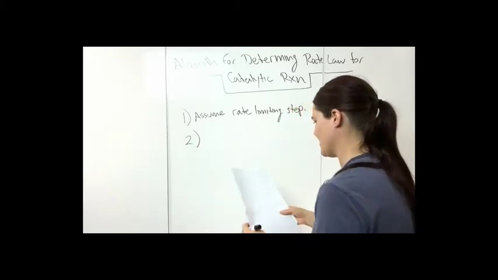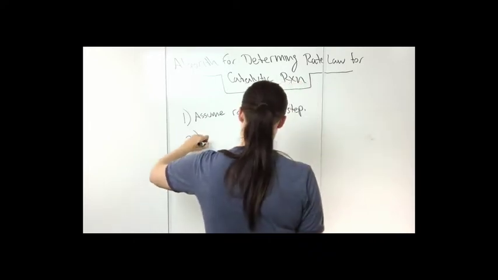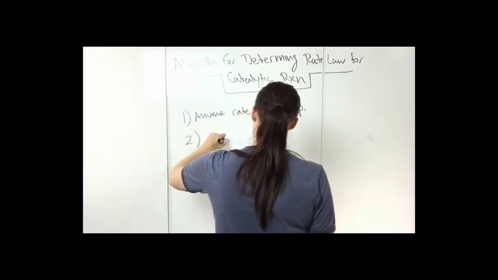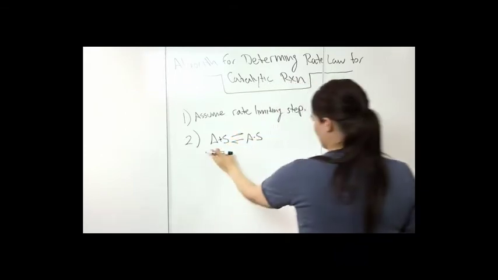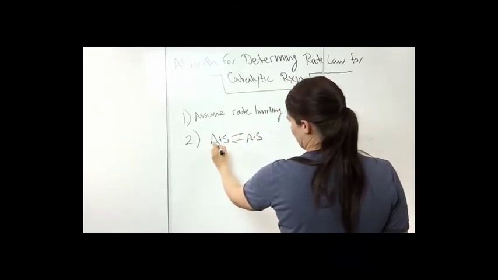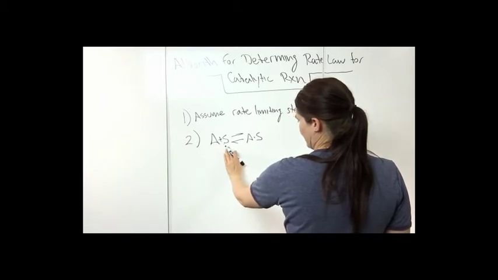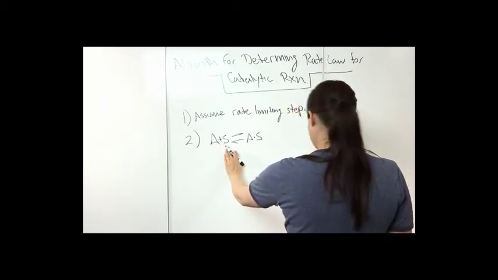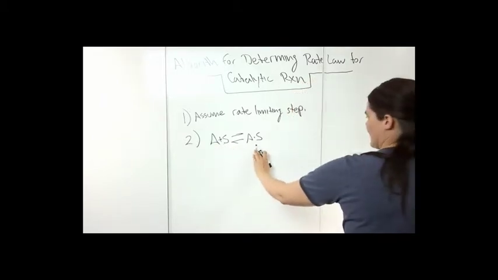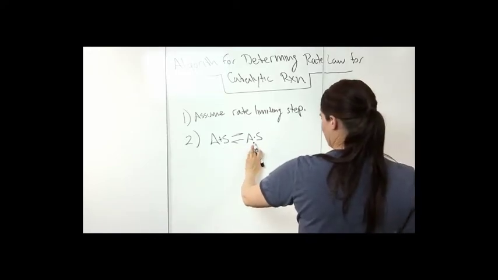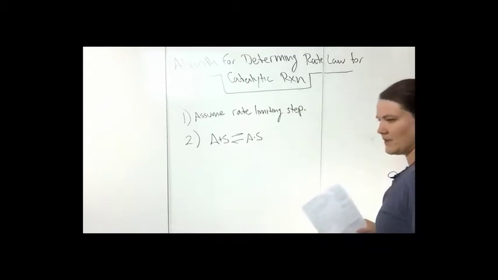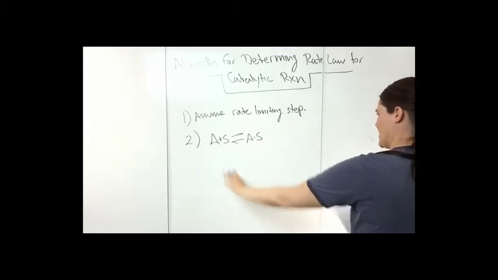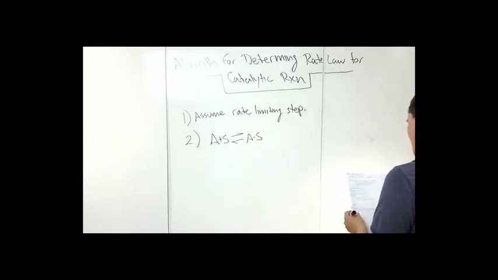So for instance, let's say this is your absorption, you have A plus S goes to A·S, where S is the empty site on the catalyst, and so A absorbs onto the catalyst. And if you were feeling pretty comfortable writing rate laws for reactions, this should be pretty straightforward.